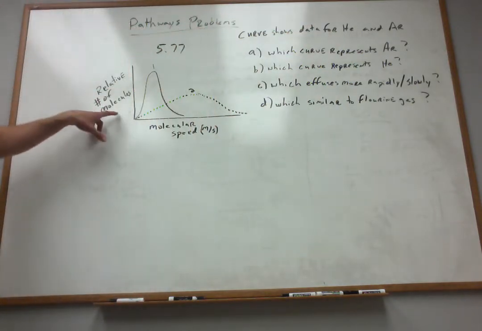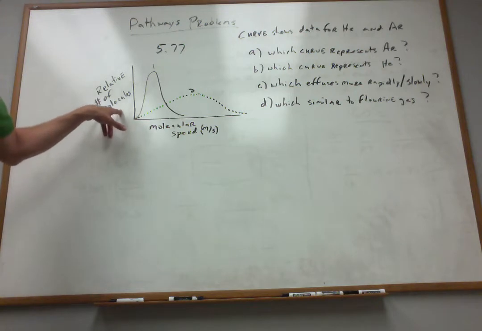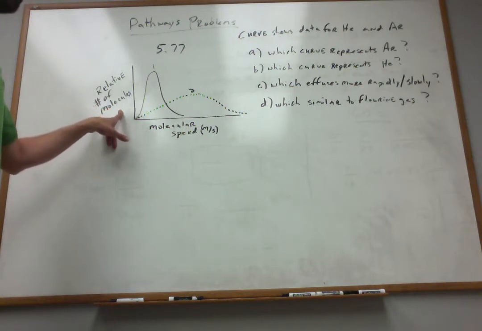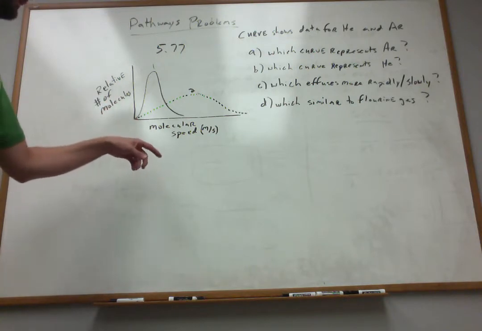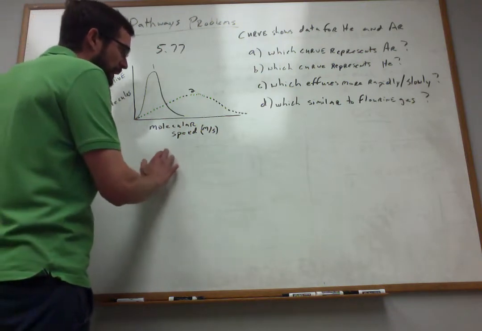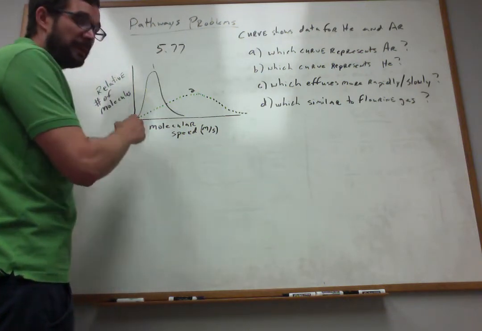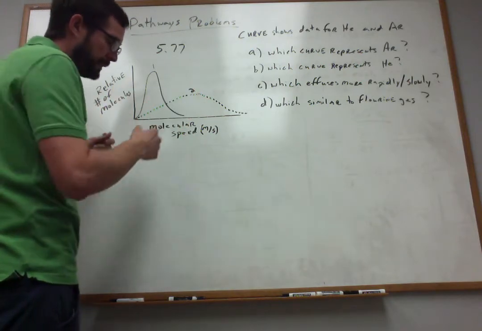Now, if we study the curves very closely, what we see plotted here is an XY plot. The y-axis is the relative number of molecules that are exhibiting a particular molecular speed, and the x-axis is the molecular speed or velocity. So this axis is basically a measure of how fast the gas molecules are moving. You might measure that in meters per second.